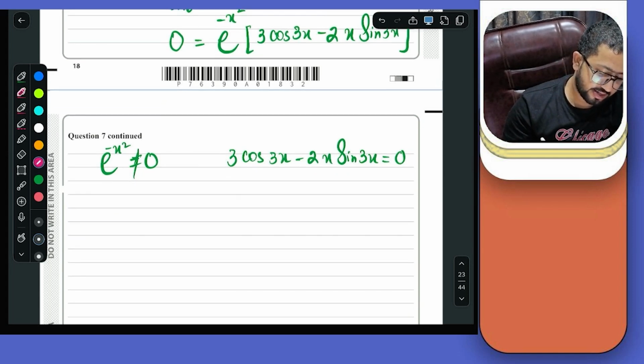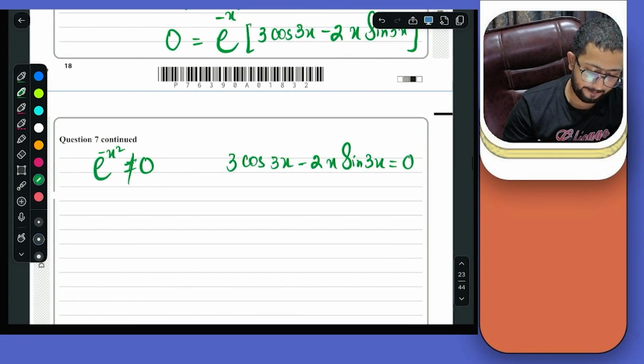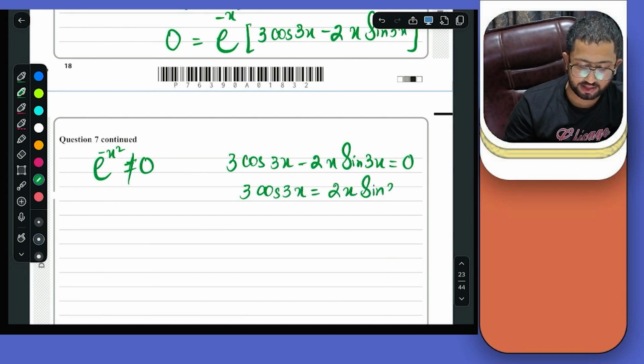So I want to get tan, and tan is actually sine over cos. So 3 cos 3x equals 2x sine 3x.